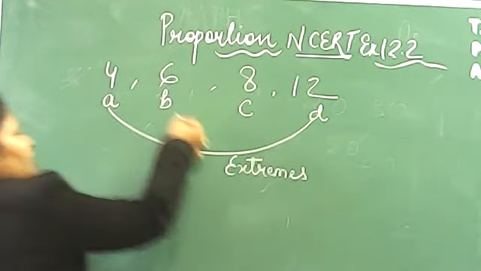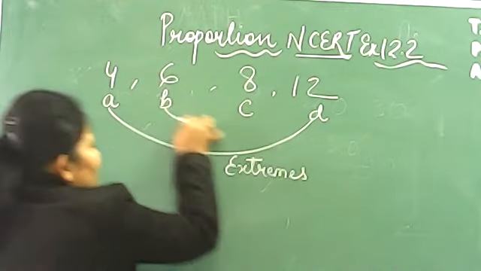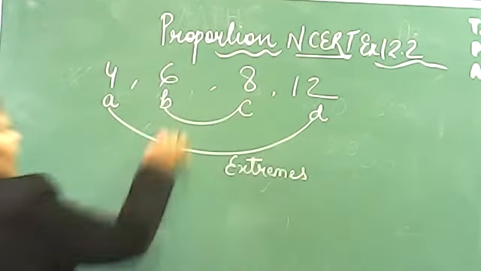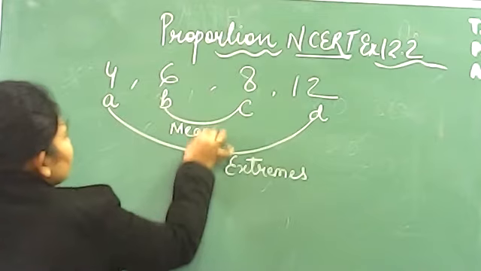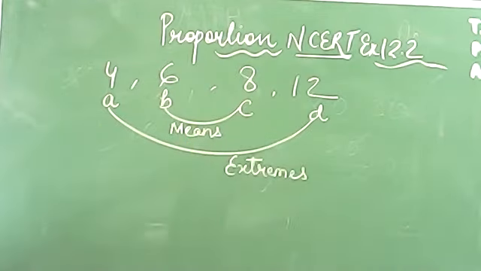The numbers which is written inside, मतलब बीच वाले, they can call it as means. Means, and outer portion two numbers will be called as extreme. Remember, बीच वाले means और बाहर वाले दोनों बचे हो गए, क्या हो जाएंगे?